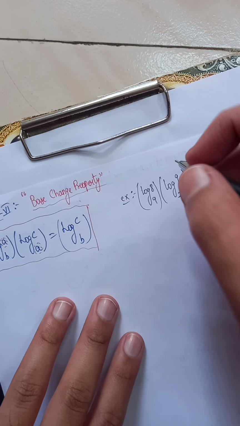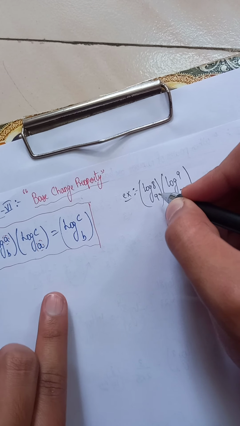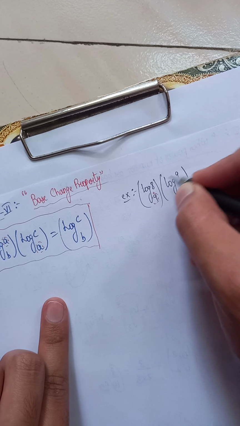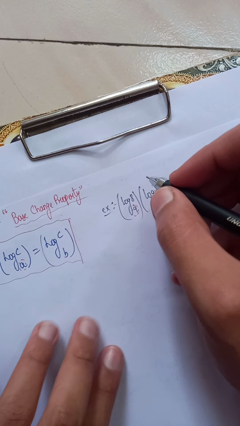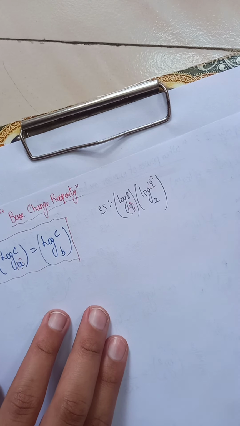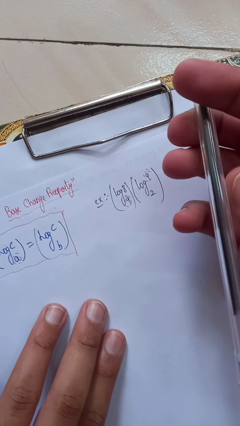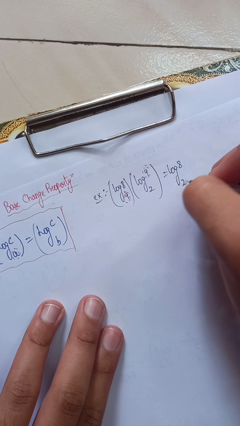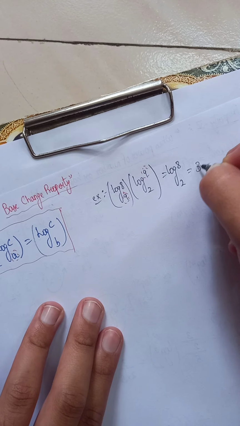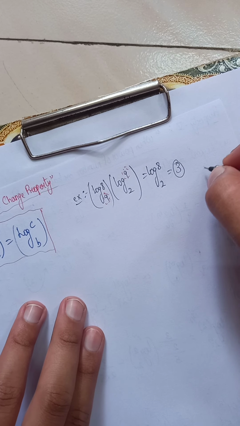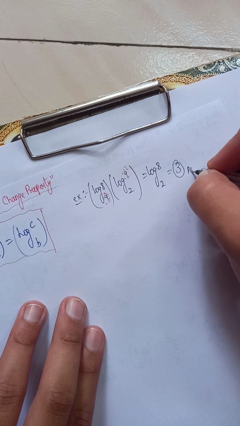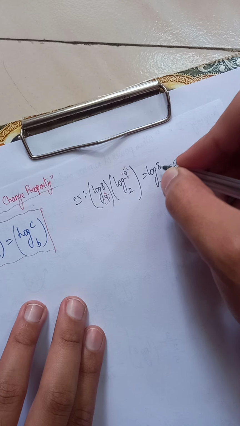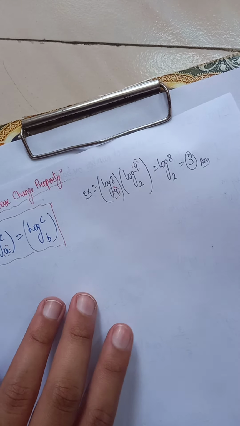According to this property, we know that the base here and the number here are in common. So it gives us the answer as log of 8 to the base 2, which is nothing but 3. How 3? I explained it in the first video only. 2 cube is 8. So the answer to this question is 3.